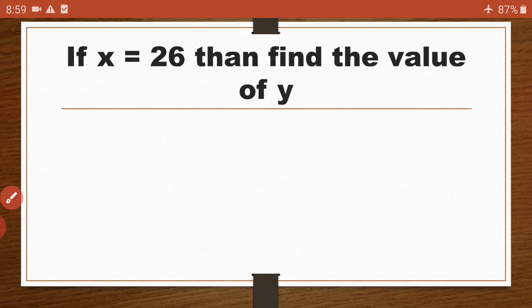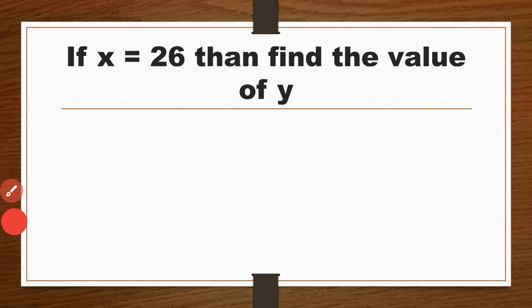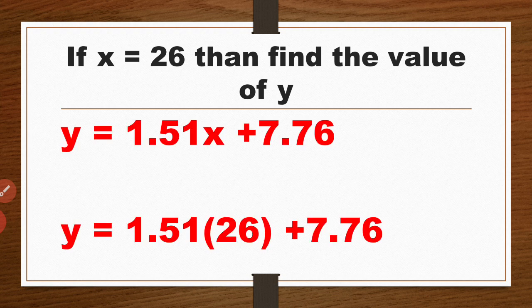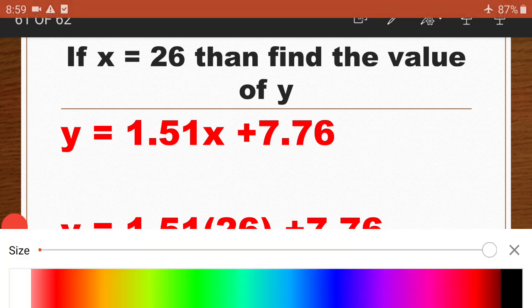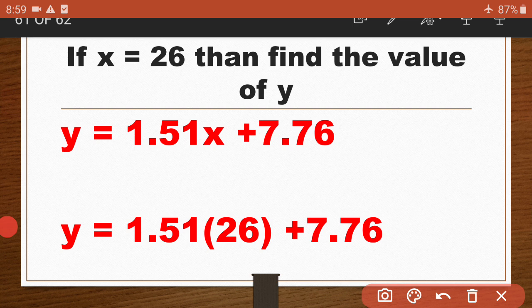Okay, suppose an extra question was given: if x is equal to 26, then find the value of y. The steps are similar to the previous question. First of all, you write the equation for y on x. Y is equal to 1.51x plus 7.76, and put the value here, x is equal to 26.